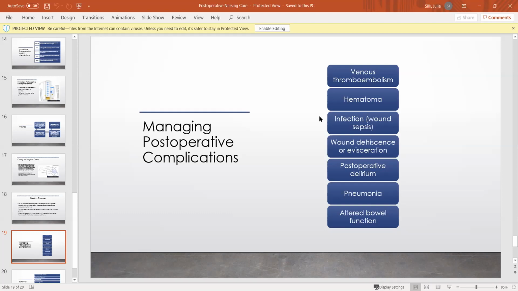Okay, the next thing here is, I'm going to skip the post-op delirium because I'm going to talk about that last here. I'll talk about pneumonia for a second. When someone gets pneumonia, it's an infection that inflames the air sacs in one or both of the lungs. The air sacs may become filled with fluid or pus, and it can cause this person to have a cough and lots of phlegm.